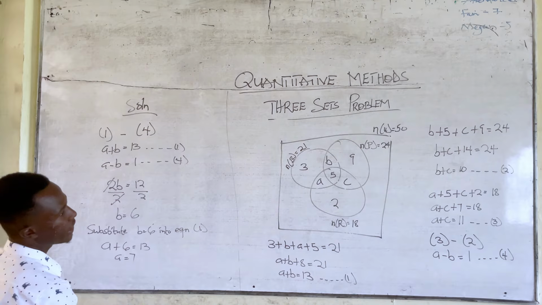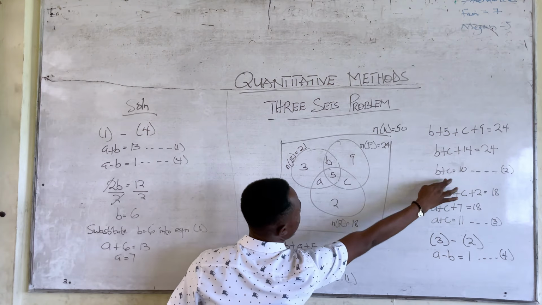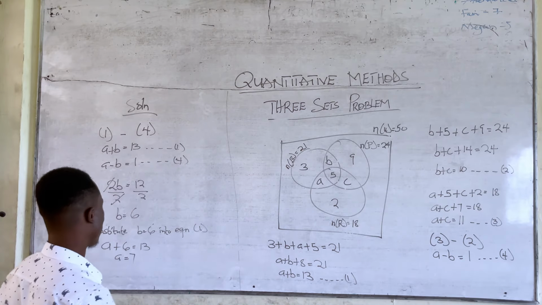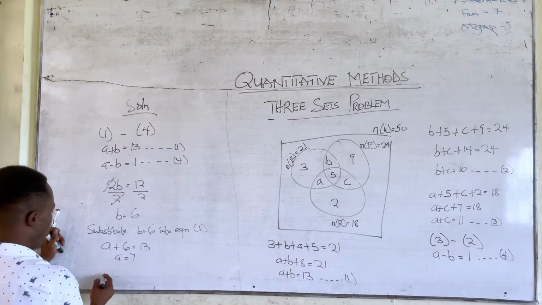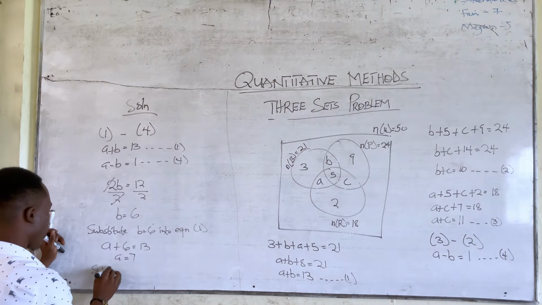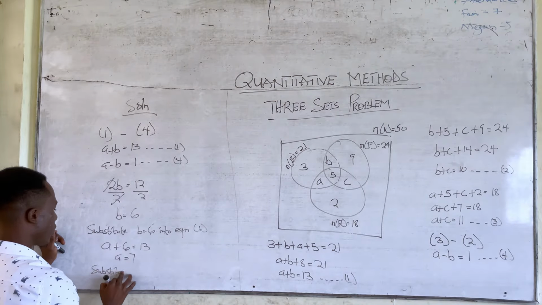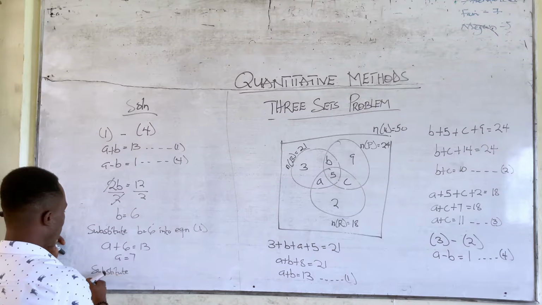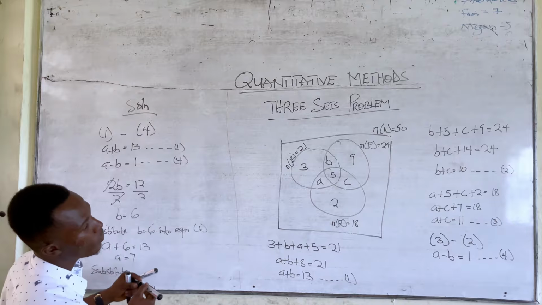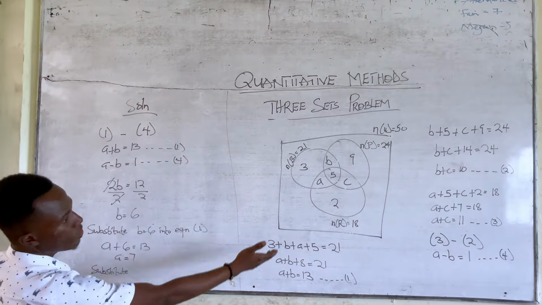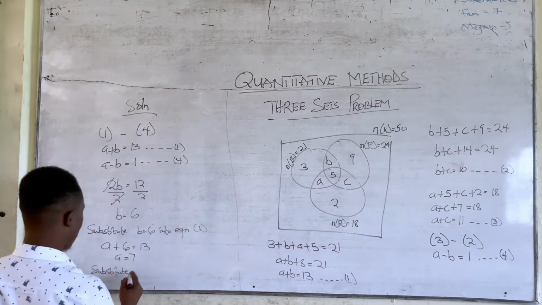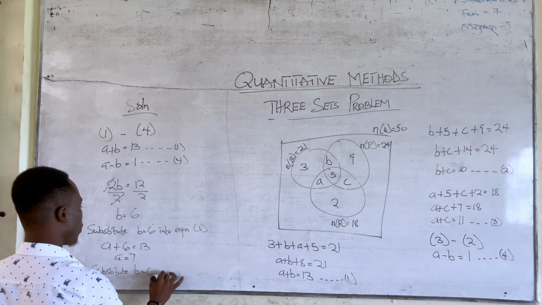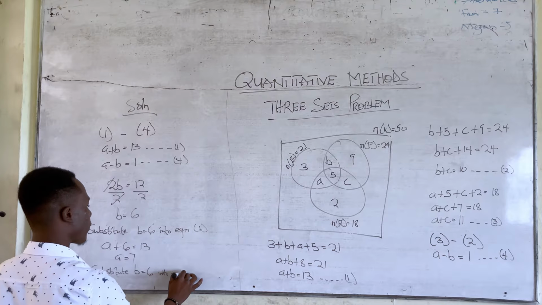After getting A, you can come here or you can come here to find C. Any of them. So here too, you can say substitute. You can use B again or A. Let me use equation 2. So substitute B equals 6 into equation 2.